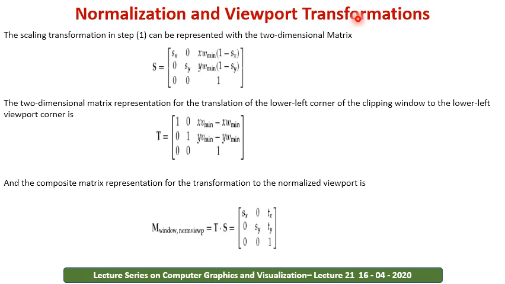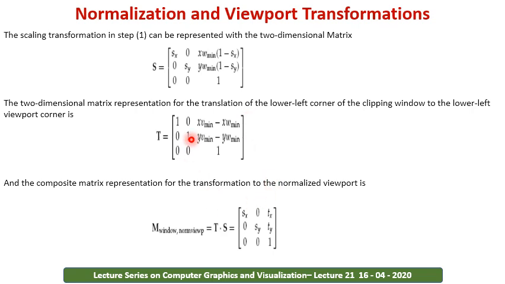Already we have discussed the scaling transformation with a two-dimensional matrix according to the homogeneous coordinates as S. S is a scaling matrix, whereas Sx and Sy are considered as scaling parameters, calculated depending upon the fixed point position, that is xw min, yw min, according to this matrix.